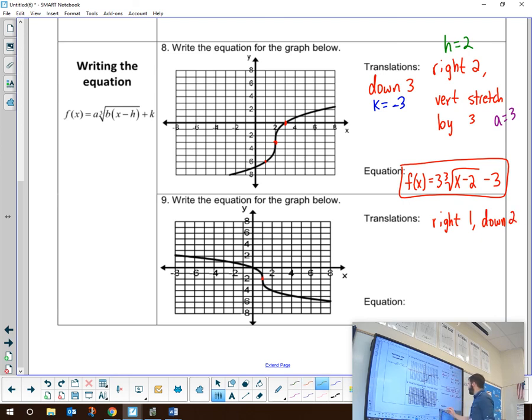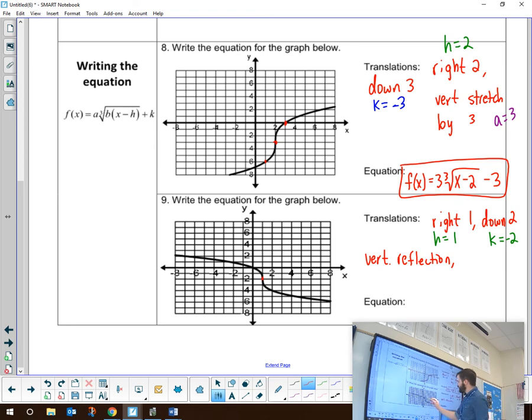And that tells me what h and k is, right? That means my h is going to be 1, my k is going to be negative 2. Next up, notice, it's opening downwards. So that means we're going to have a vertical reflection or a negative a.